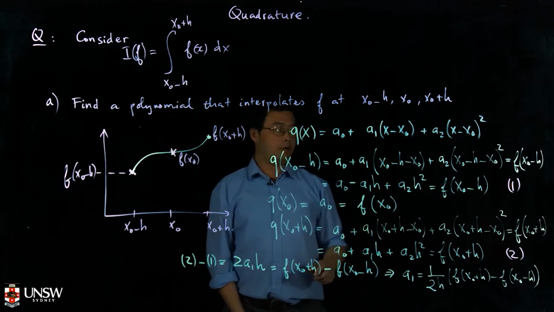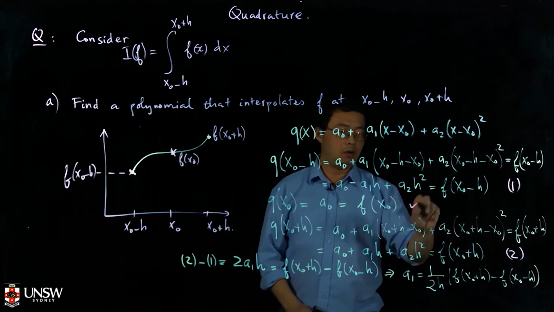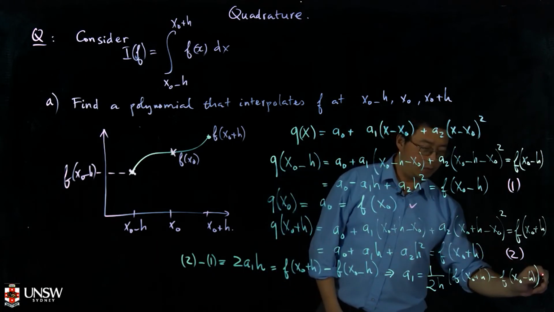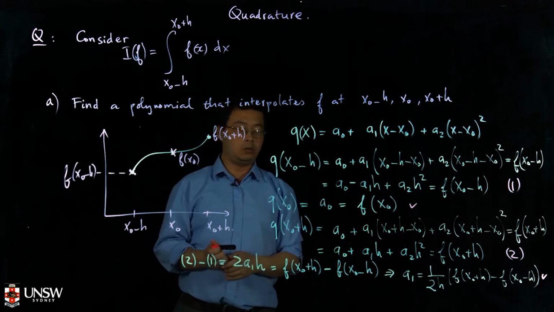So I have a0 here, I have a1 here, and now I just substitute to find a2.